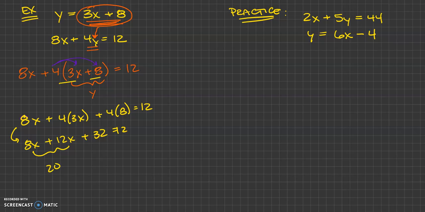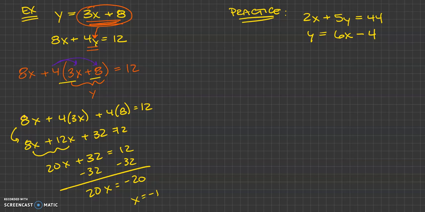Combine like terms, that's 20x plus 32 equals 12. We're going to subtract 32 from both sides. I hope all of this is looking very, very familiar to you. It should. And that's going to give me a negative 20. Divide both sides by 20, and I get x equals negative 1.